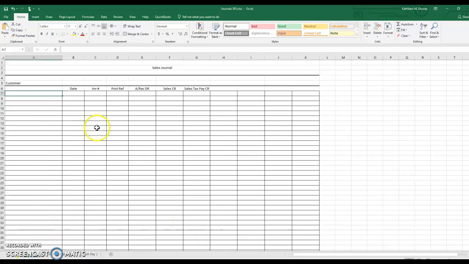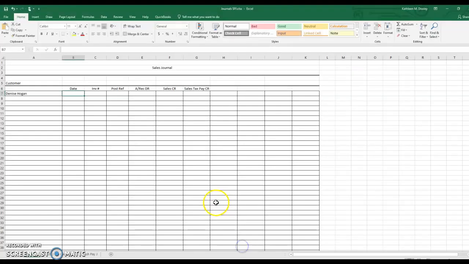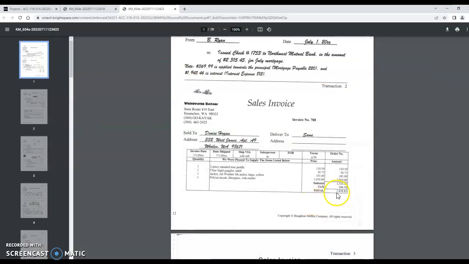So here we go with our sales journal. We put in our customer, Denise Hogan, and the date of that was July 1st. And it was invoice 788. And we're debiting accounts receivable for the total that Denise owes us, $1438.83.